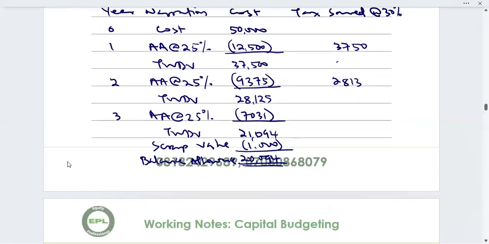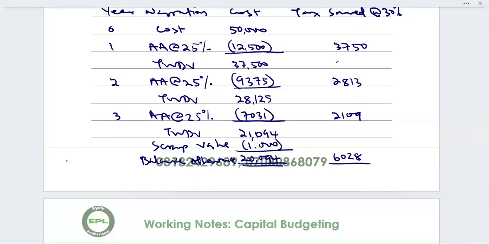The third year, tax saved is 7,031 multiplied by 0.3 equals 2,109. Then the final year, 20,094 multiplied by 0.3 equals 6,028.